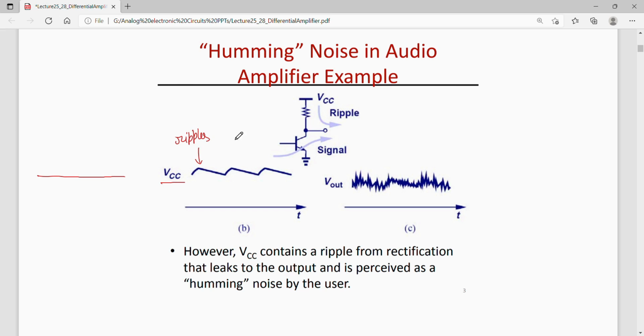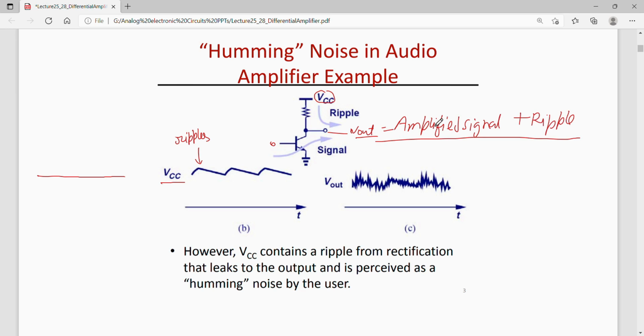So that means through VCC the ripple will be transferred to the output here, and also through the input the signal will be transferred to the output. So this amplifier will basically amplify the input signal from the microphone, and the output will contain both the amplified signal plus ripple.